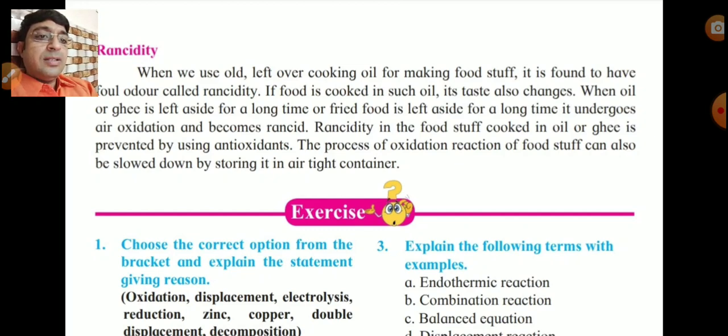This is the second preventive process given here: foodstuff kept in an airtight container remains safe for a long time. A question asked on this topic: write a short note on rancidity.